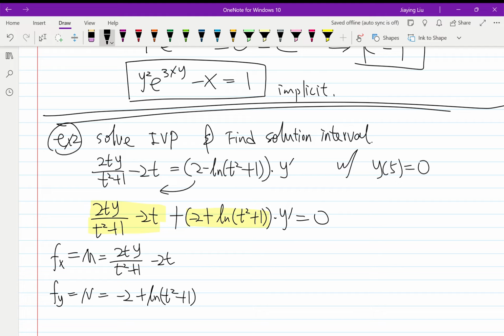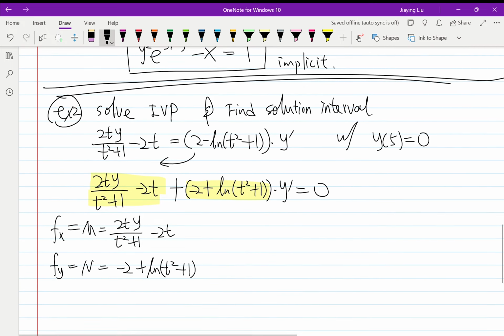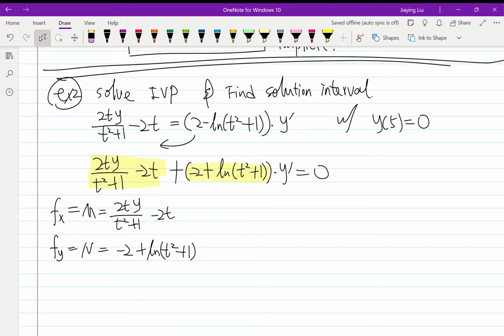Actually, I'm going to give you 2 minutes to decide if this is an exact equation. Oh, I don't know why I keep using f of x, so that's f of t. My apologies. Instead of f of x, this is f of y, but we have a t here, so that's f of t.